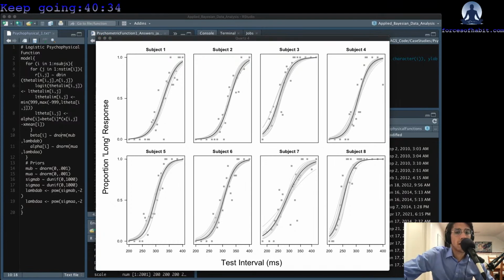So what is this then? So what we're doing is we're sampling from the joint posterior distribution of alpha and beta instead of taking the average one, right? So this is the average estimate for alpha for a given subject across the trials, and this is the slope term for beta. But we could, in theory, sample jointly from those two distributions and then create several curves.